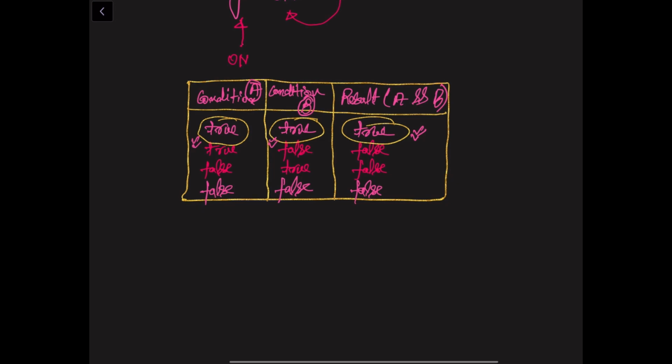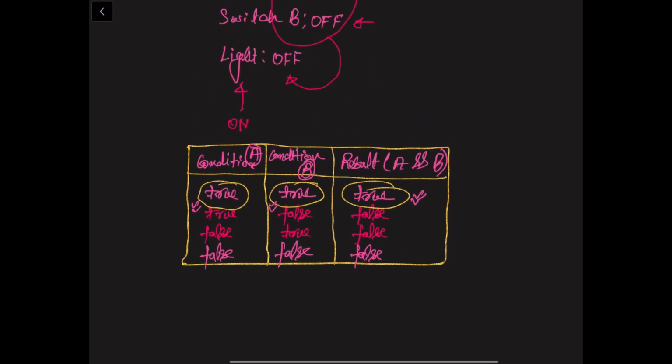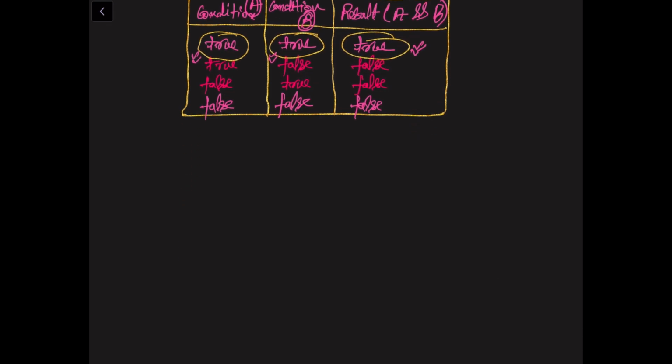Maybe while understanding this, the question will come to your mind: how can you use the logical AND operator in Java programs, in Java code? Let me write one more example so that it is easy to use this in your programs.